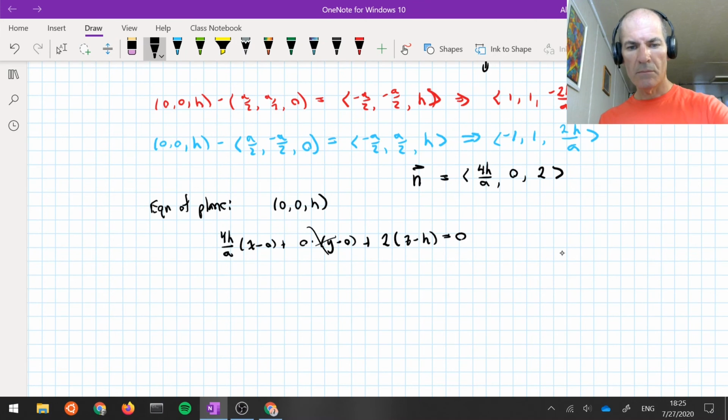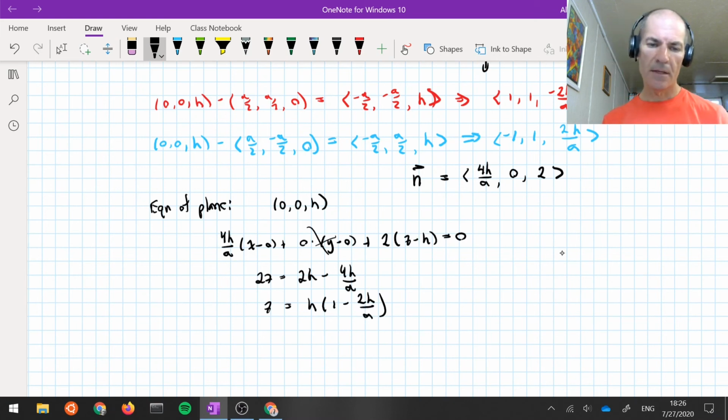Of course, the middle term we can ignore, and simplifying this a little bit, and let's solve for z, we get 2z equals 2h minus 4h over a. There's a common factor of 2, z equals h times 1 minus 2h over a, like that. I think we're good. Yep, that looks good.